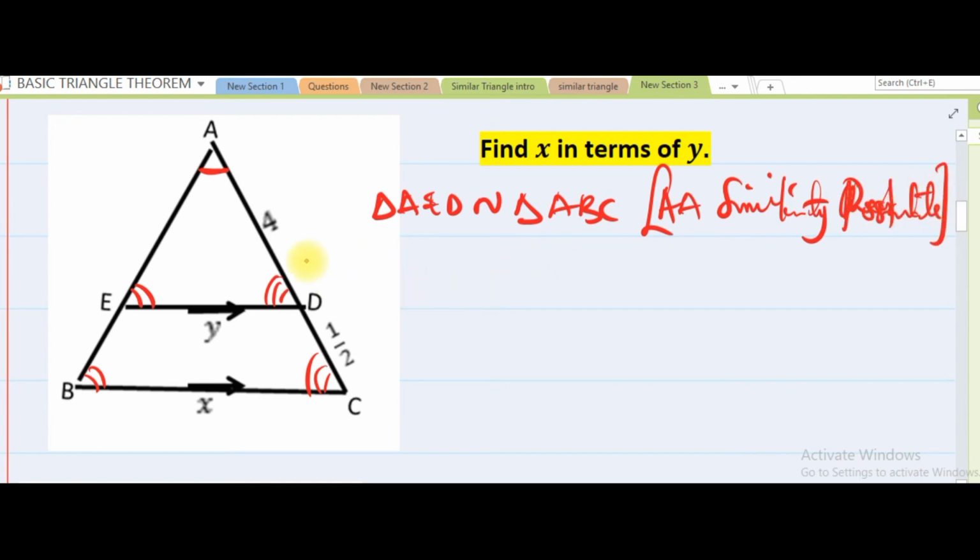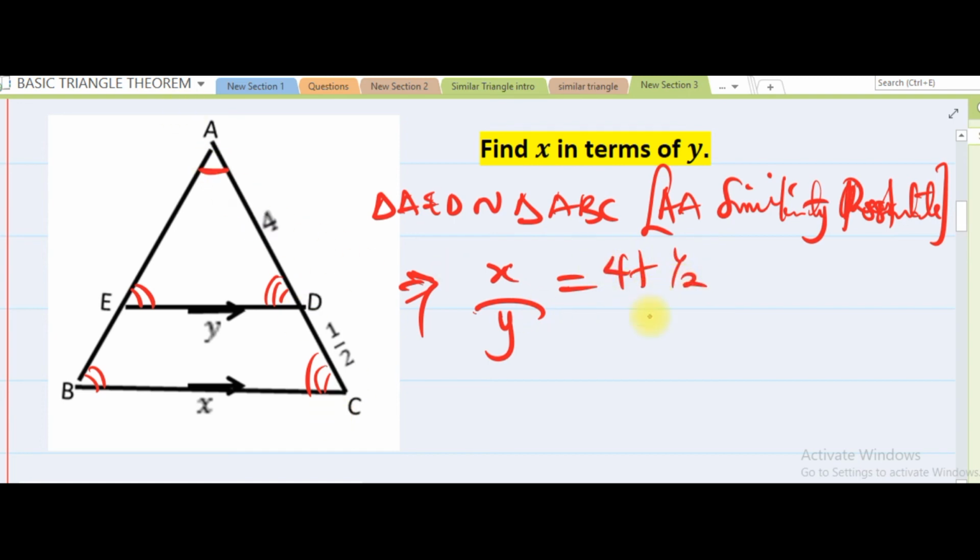So which implies that, check, okay, remember we're looking for x in terms of y, so we are making x the subject of the formula, so x must be on top over, so x corresponds to y for the bigger triangle, which is 4 plus half.